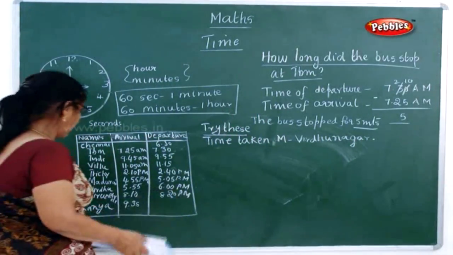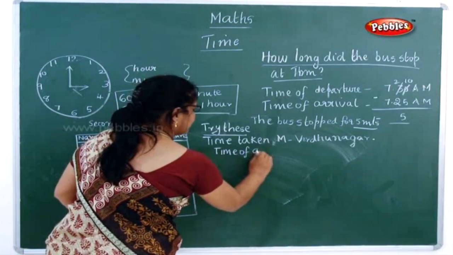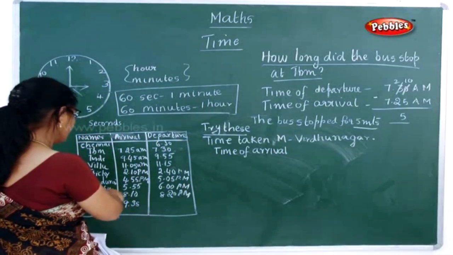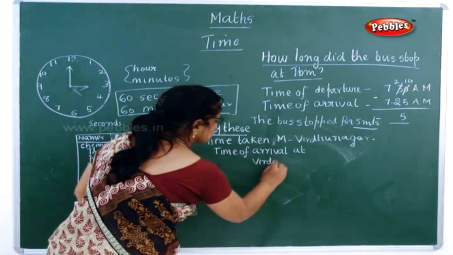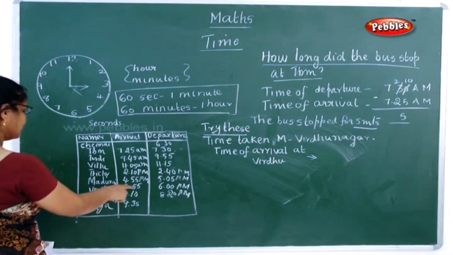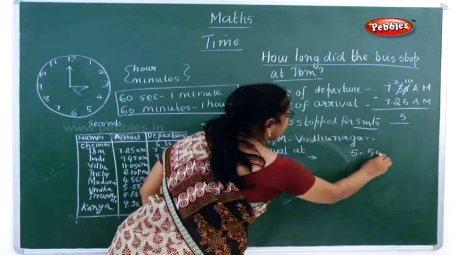So, now what you have to write? Time of arrival, or you can write arrival time, at Virudhunagar. Now, what is the time of arrival at Virudhunagar? It was 5:55 p.m.